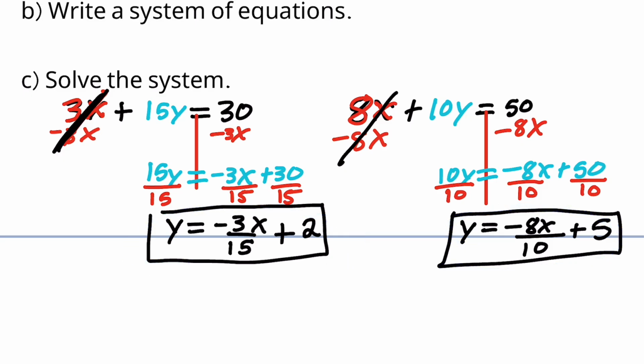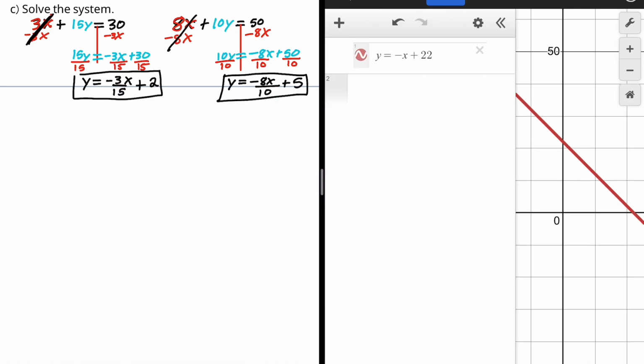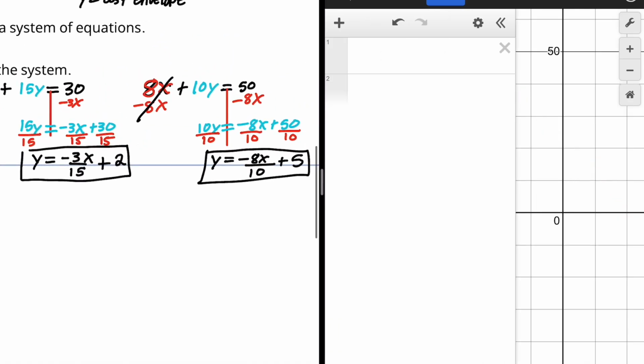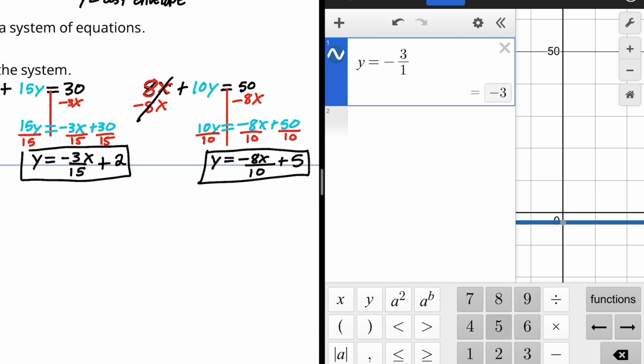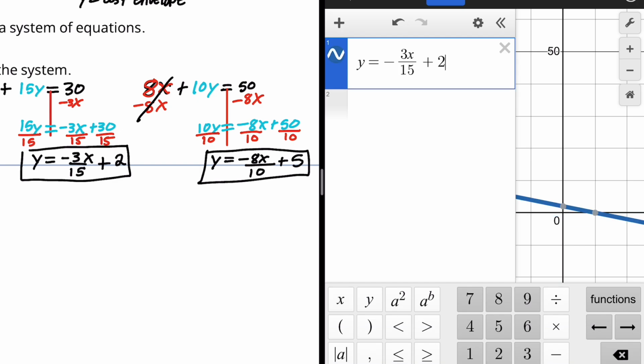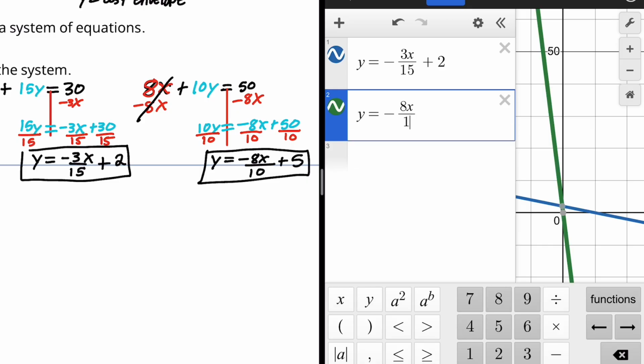Let's graph these and see what we get. Alrighty, so my first one is y equals negative 3 divided by 15 x plus 2. My second one is y equals negative 8x divided by 10 plus 5.